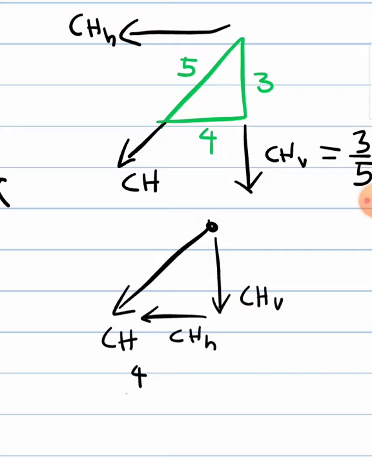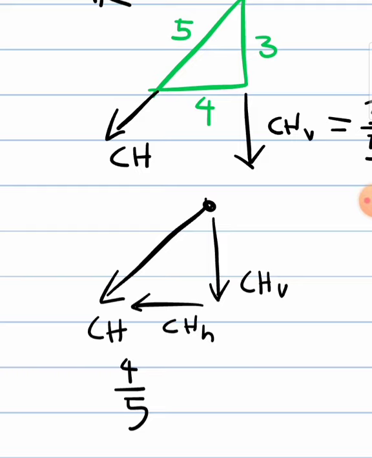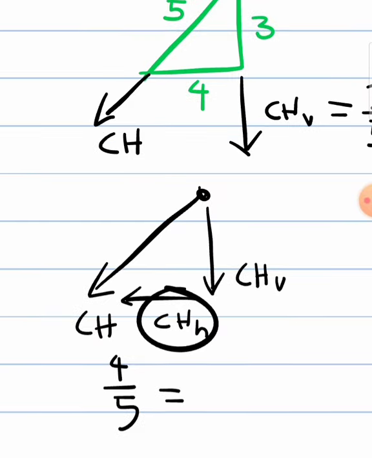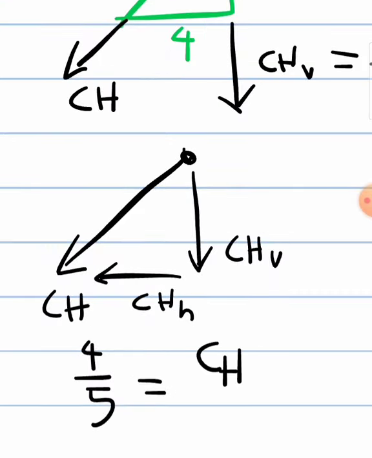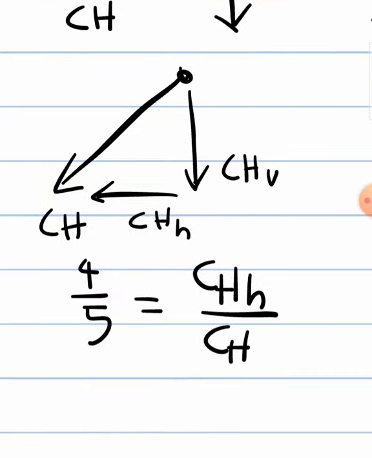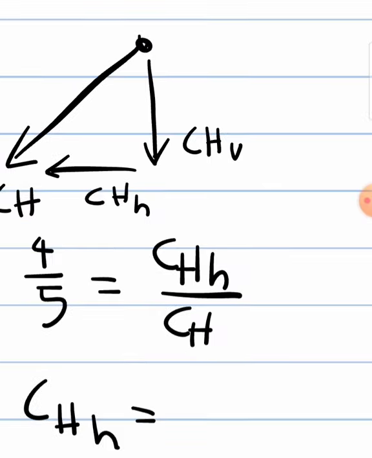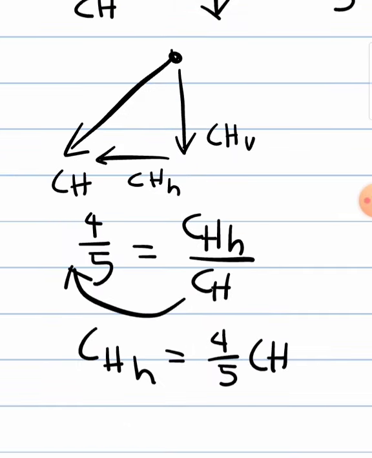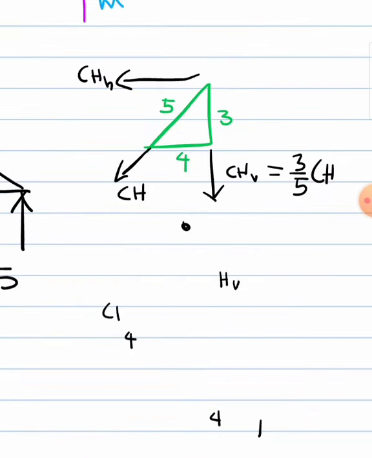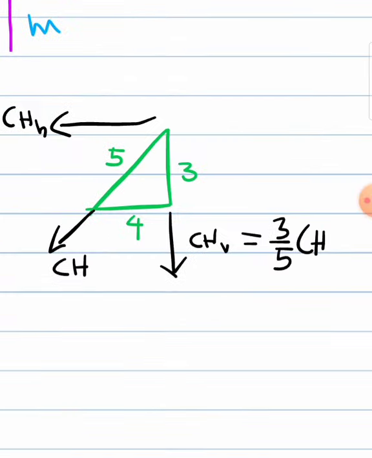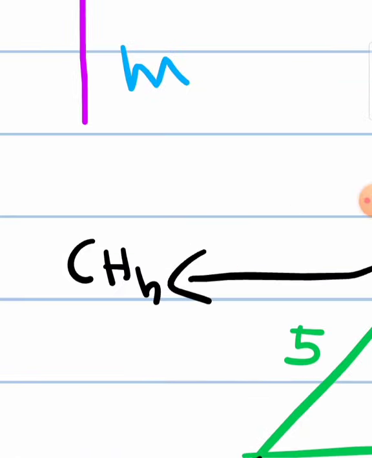So we will say 4/5, or this one is to this one. 4/5 is equal to CHH over CH. So CHH, or the horizontal component, equals 4/5 of CH. You just move it here, transpose or multiply both sides by CH. So now we've got the components of CH. It's just 3/5 for the vertical and 4/5 for the horizontal.